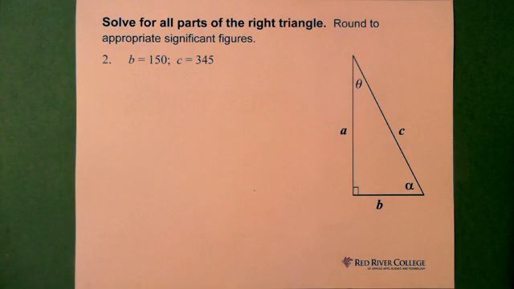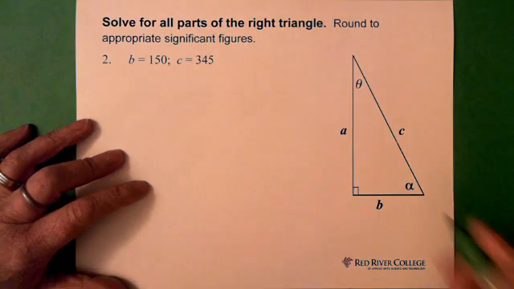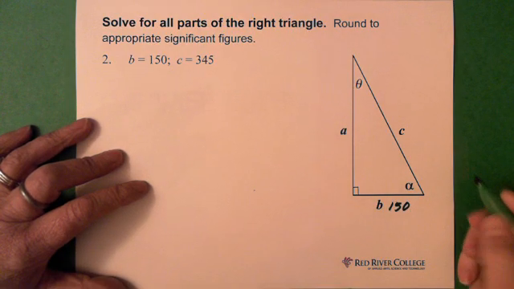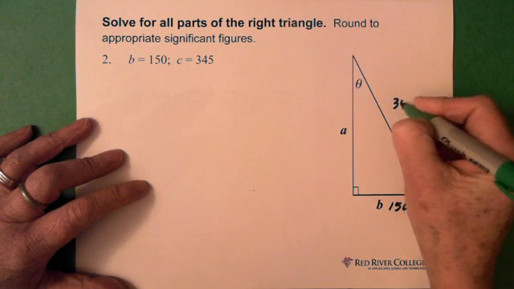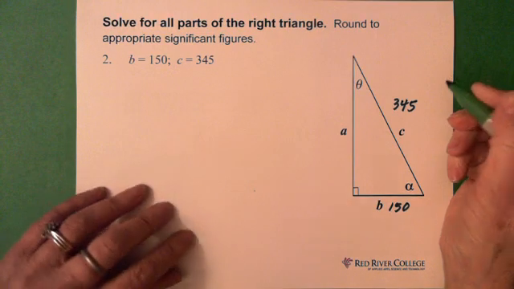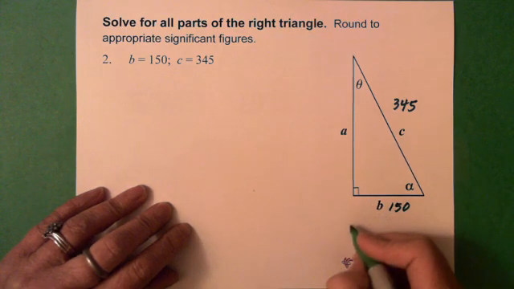All right, so in this case, we've been given two sides. We're told that B is 150 and that C is 345. And again, I was going to write down the trig functions. Yeah, let's just do that.